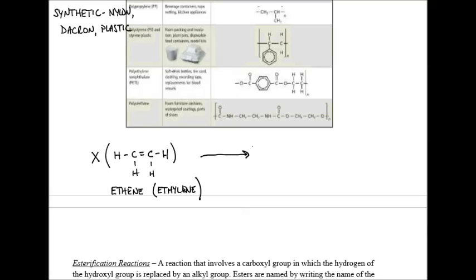When polymerization occurs, we end up forming not 1,000 or so small molecules, but one big molecule of 1,000 small parts, which is polyethylene.